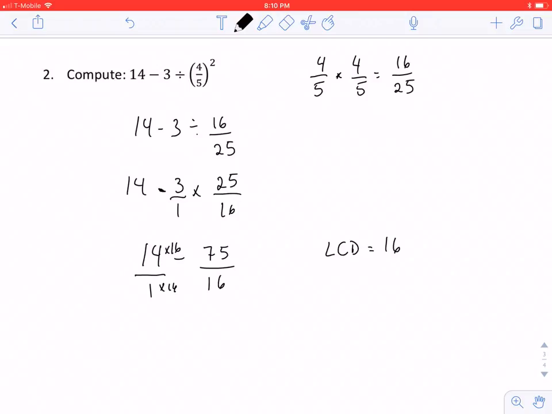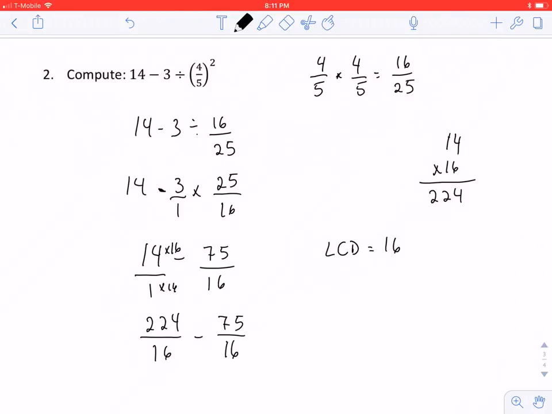Now 14 times 16 will give us 224. Then we will have 224 divided by 16 minus 75 divided by 16.